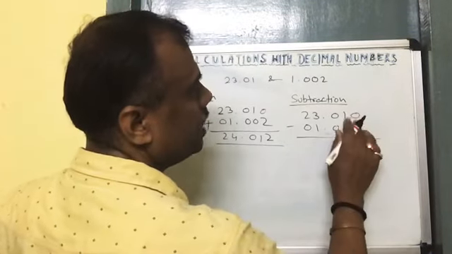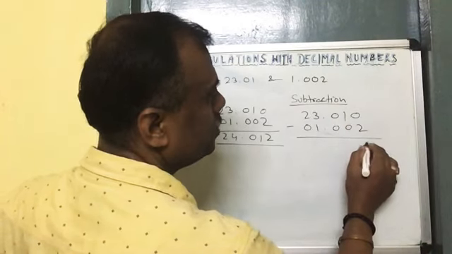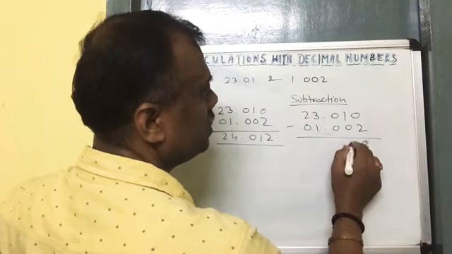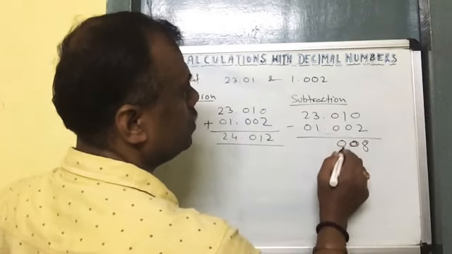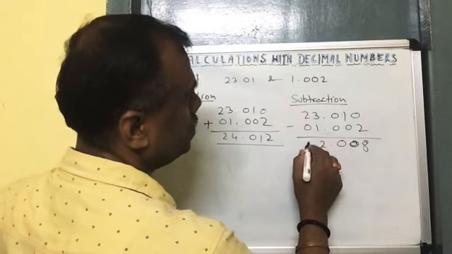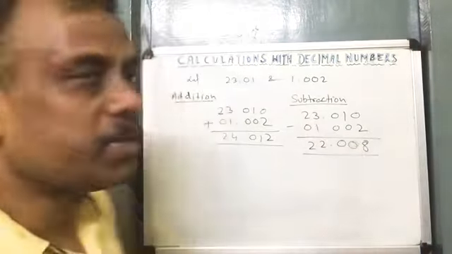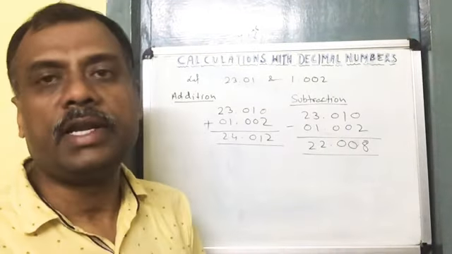So to subtract 2 from 0, we have to take a carry. This becomes 10. 10 minus 2 is 8. This one is 0, 0.2, and this one 2. These are the methods for the addition and subtraction of decimal numbers.